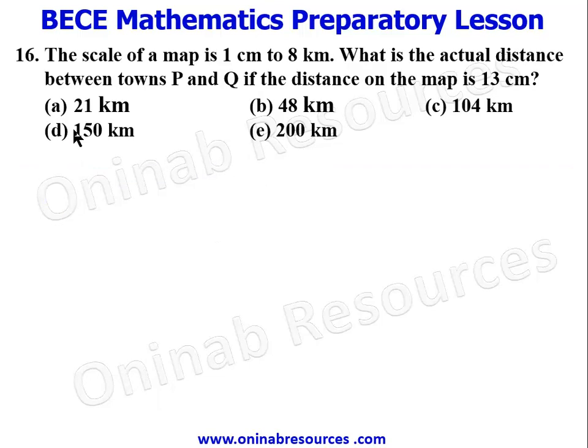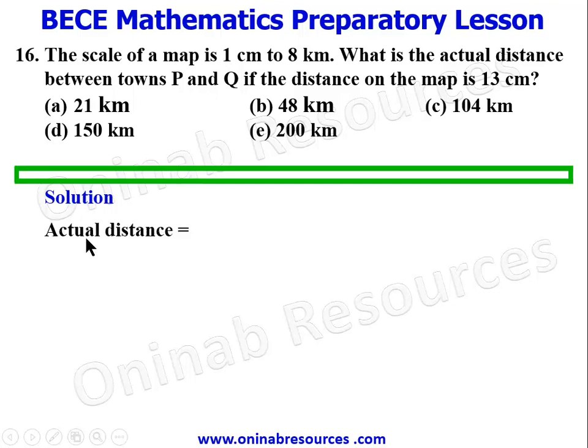We go to problem 16. For problem 16, the scale of a map is 1 centimeter to 8 kilometers. What is the actual distance between points P and Q if the distance on the map is 13 centimeters? Oh, very simple.